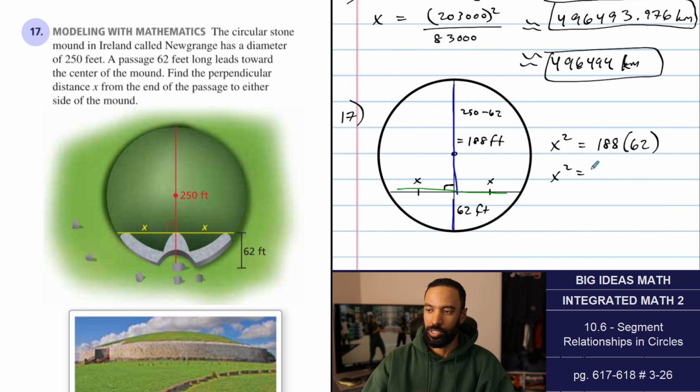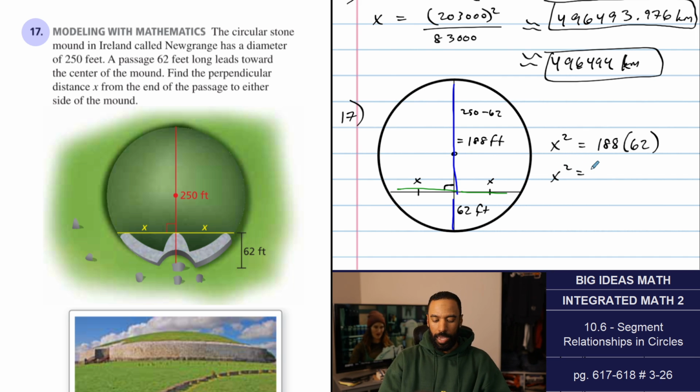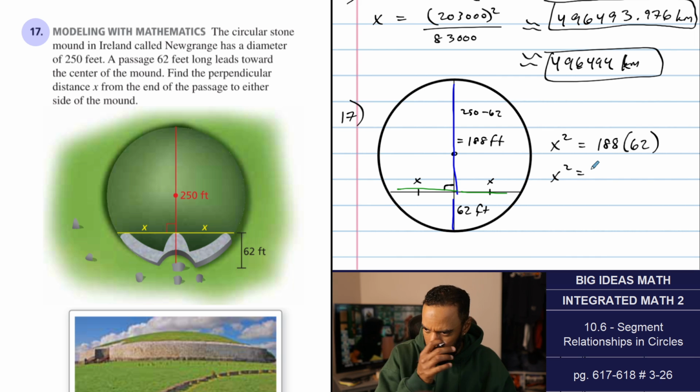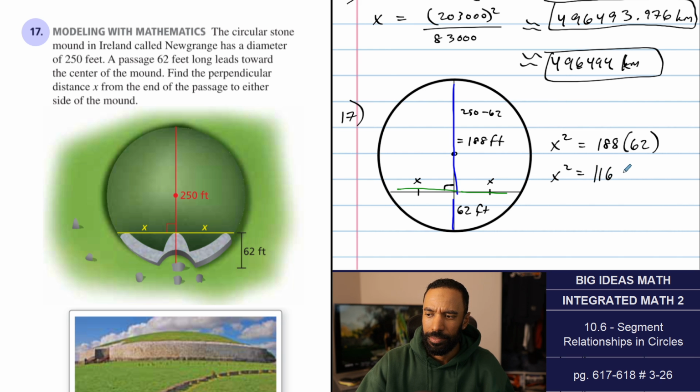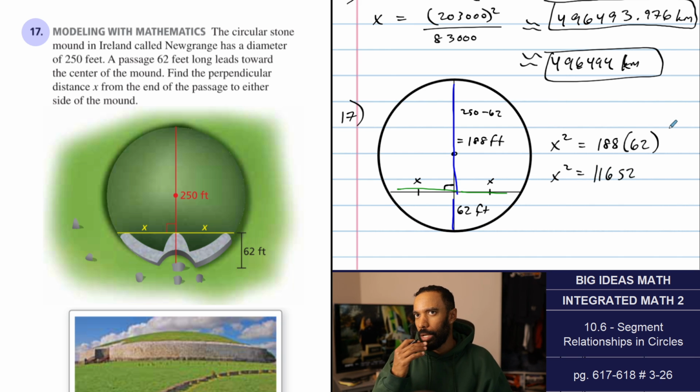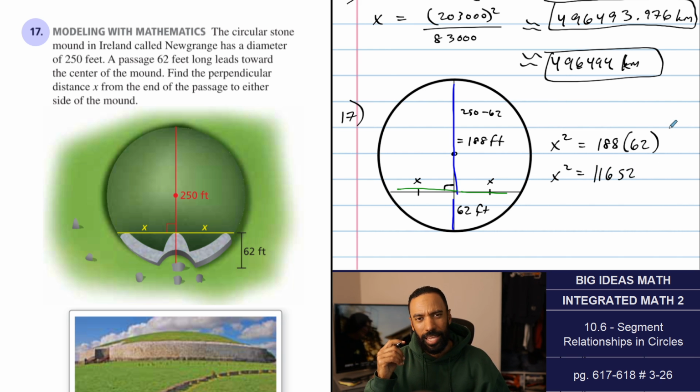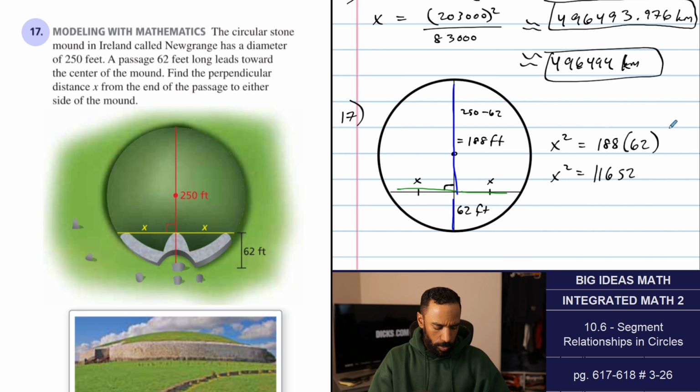X squared equals, boy, I don't know. Even the square root game wouldn't be fun for me on this one, so I'm going to literally do the 188 times 62. I get 11,656. Is that a 12 power? Is this 144? Square root of 11,656.